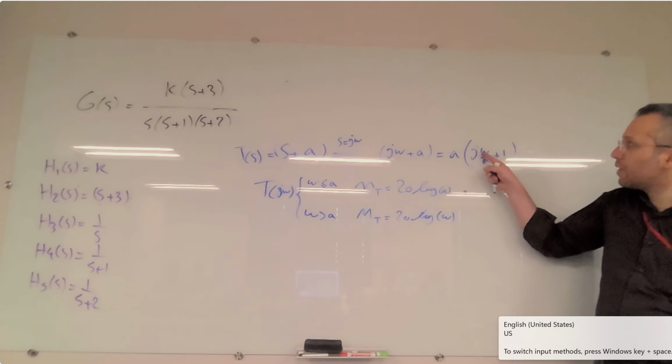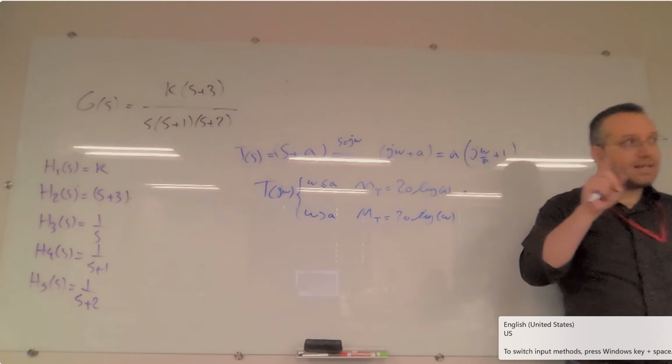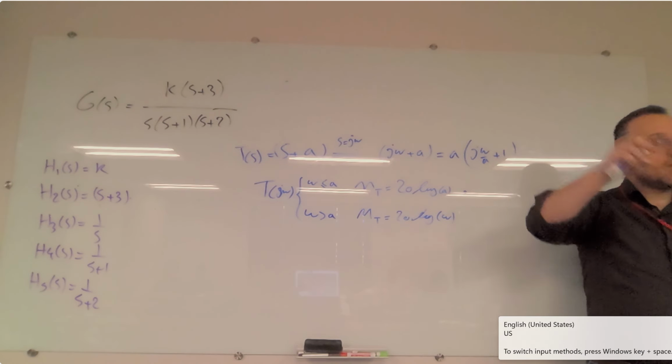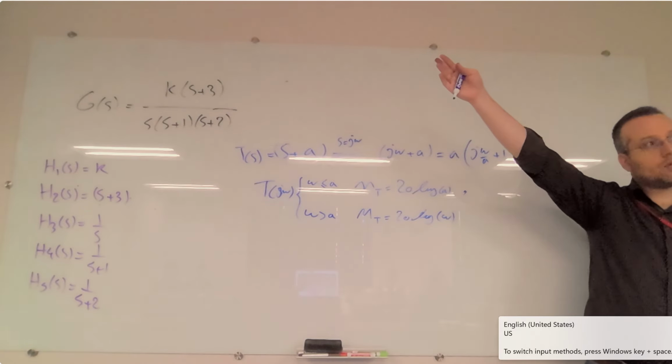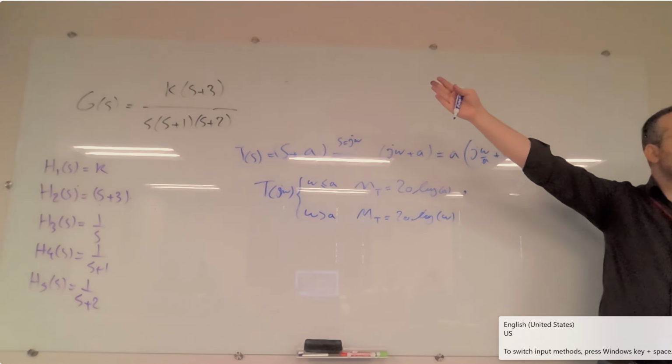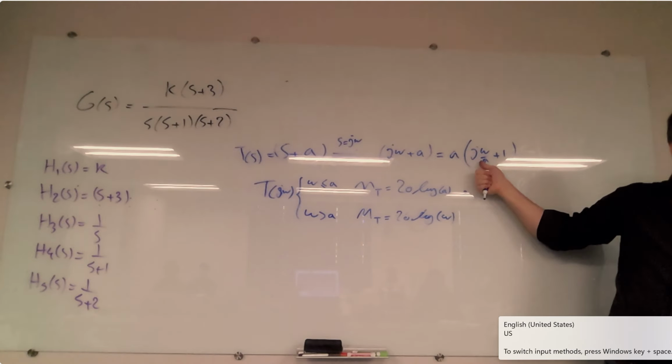So when omega is equal to a, the tangent started from 0 and has now reached 1. And as we go forward, when omega is much higher than a, it becomes infinity, which is 90.